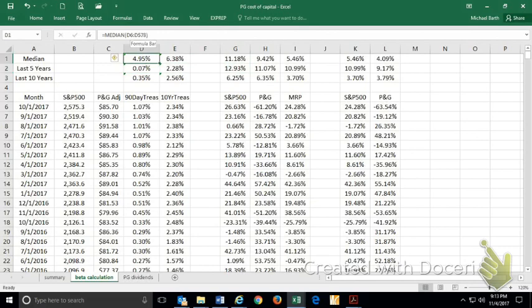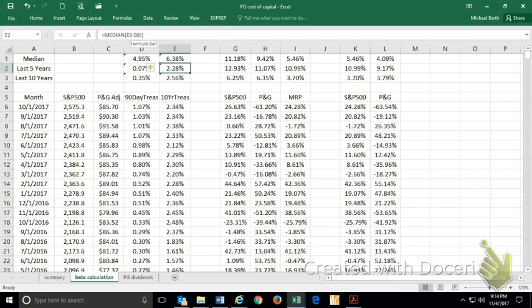Notice what happened with the 90-day Treasury yields. For the last 5 years, they've averaged almost 0, and for the last 10, less than 0.5%. Over the long run, for this entire 50-year period, the median value, the one right in the middle, was right around 5%. And for the 10-year Treasury, you also get those types of differences.